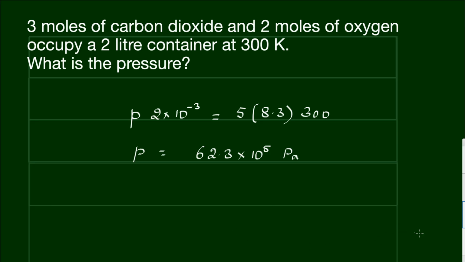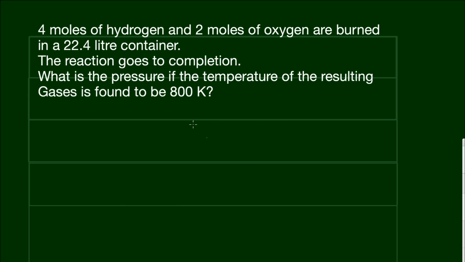Let's go to the next problem. In this problem, we have 4 moles of hydrogen and 2 moles of oxygen burned in a 22.4 liter container. The reaction goes to completion. So the reaction that we are looking at is hydrogen burning in the presence of oxygen: 2H2 + O2 goes to 2H2O. So 2 moles of hydrogen and 1 mole of oxygen will give you 2 moles of water vapor.